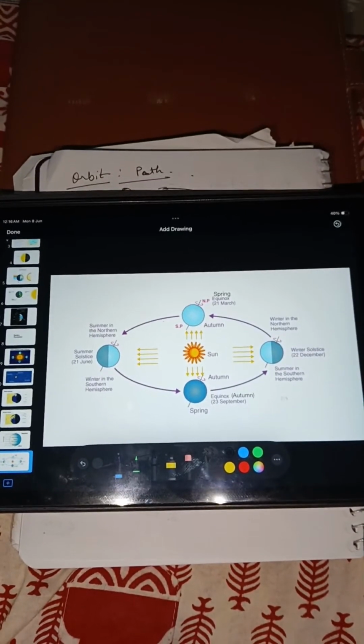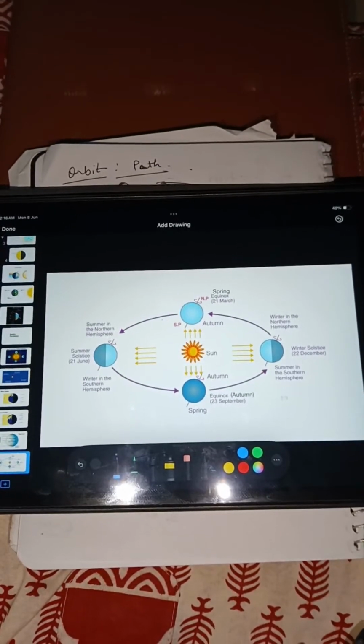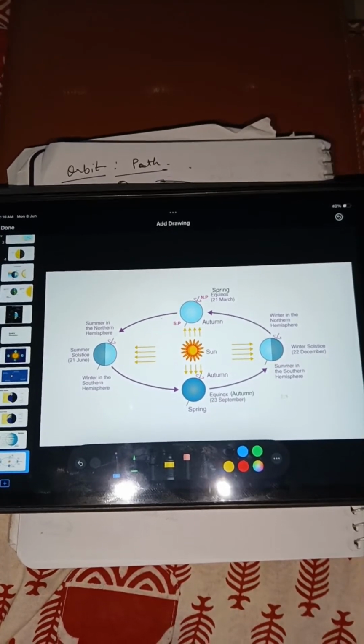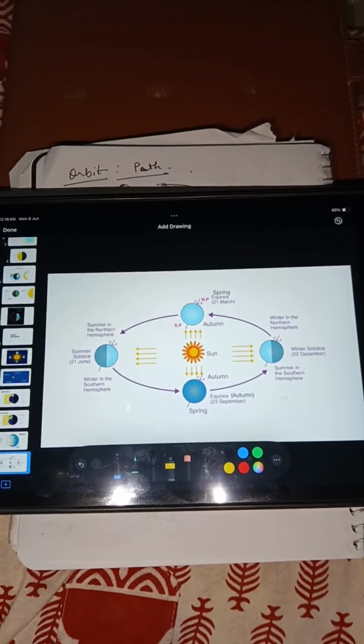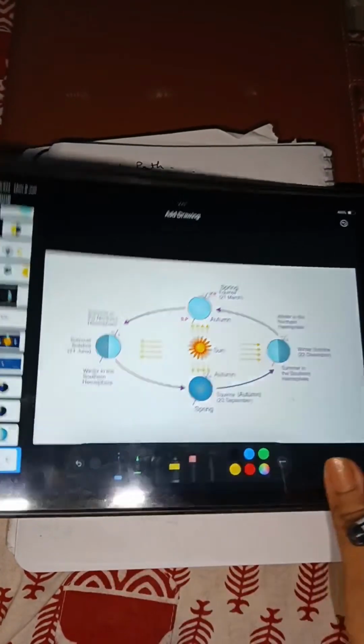When we discussed the effect of rotation, we saw that days and nights are caused, and to some extent there is an influence on the duration of day and night. But this is a more prominent effect in case of revolution. In revolution, the first and foremost thing is the change of season.